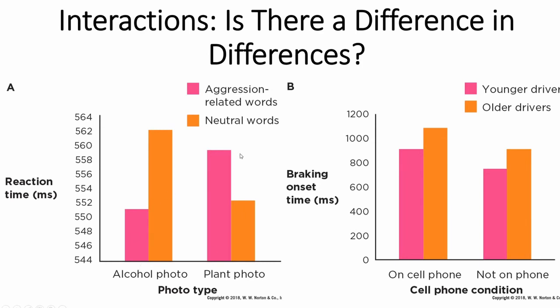We can compare where the pink is still aggression-related words, orange is neutral words, alcohol photos for priming, plant photos for priming, and we have a low pink and a high orange, and then a high pink and a low orange, versus this graph, where for our young drivers in pink, old drivers in orange, on the cell phone versus not on the cell phone, we're seeing the same pattern in both sets of bars here.